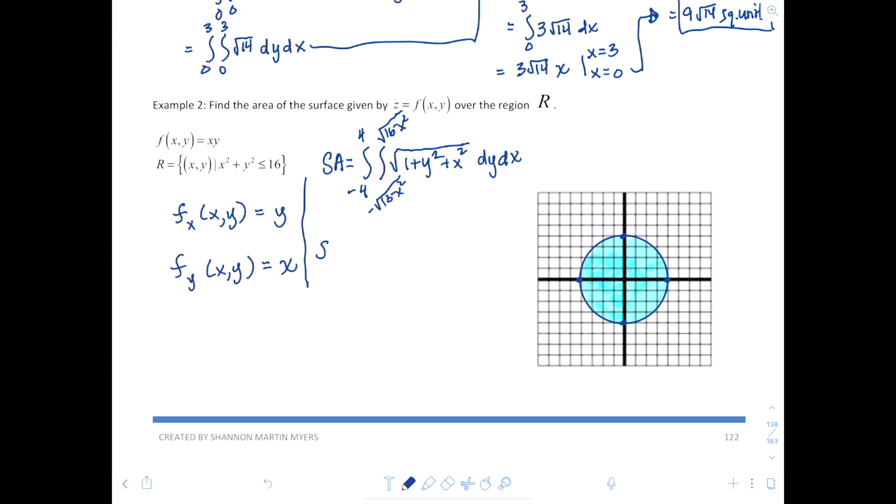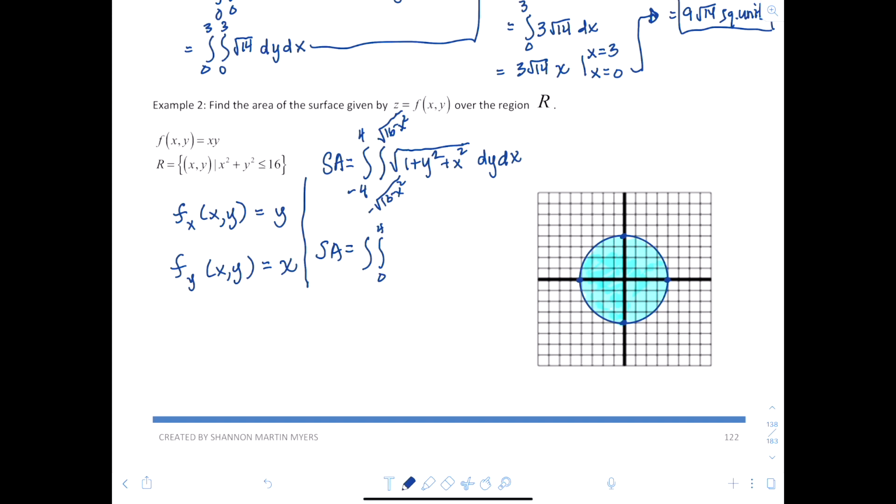My surface area would be, if I'm using polars, x squared plus y squared is r squared, right? And so my integral would go in the order of dr d theta. So r would be moving from, remember, you're looking at circles going around, r would be moving from 0 to 4.